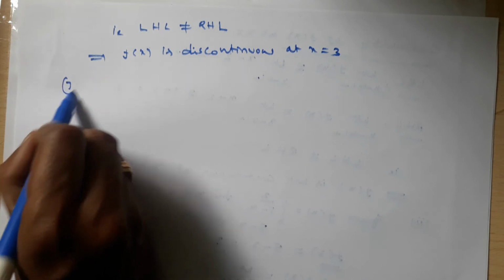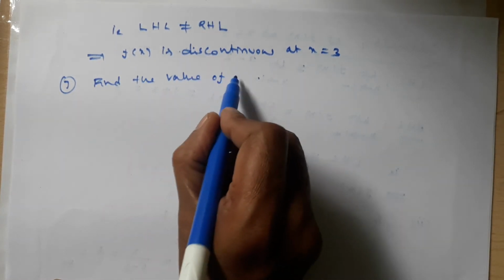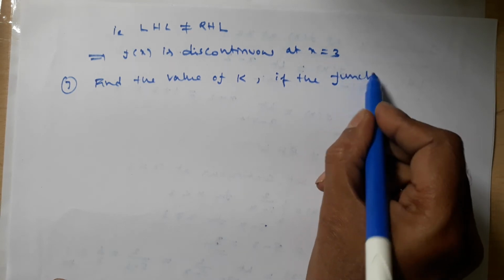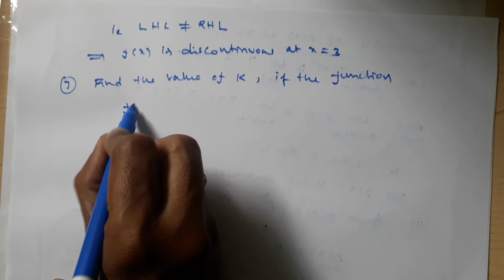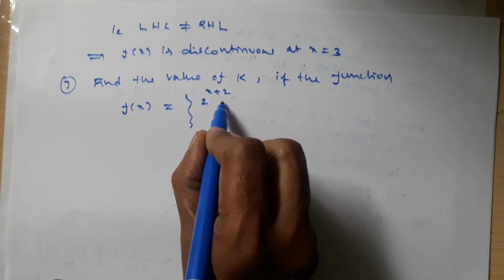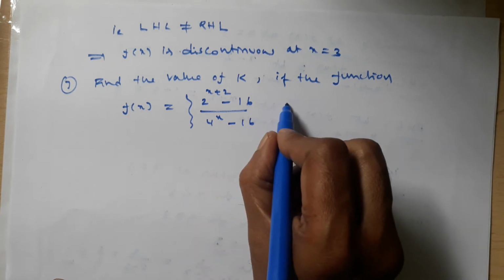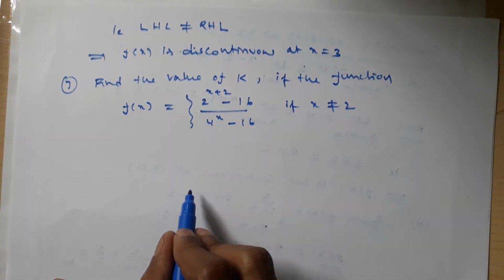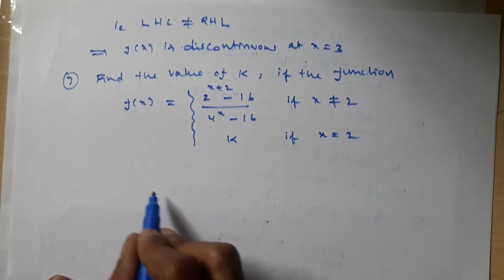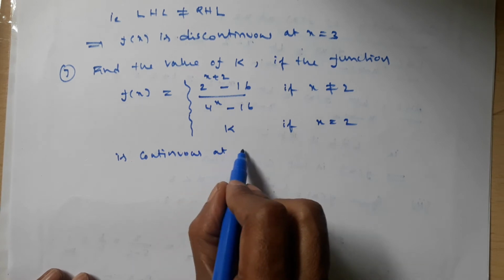So seventh problem, find the value of k if the function f of x is equal to 2 to the power of x plus 2 minus 16 divided by 4 power x minus 16 if x is not equal to 2, and is equal to k if x is equal to 2, is continuous at x is equal to 2.